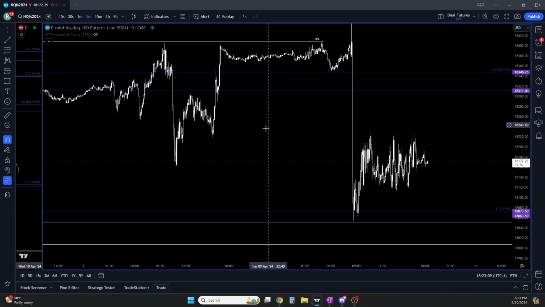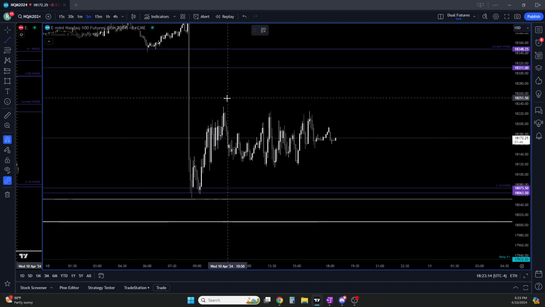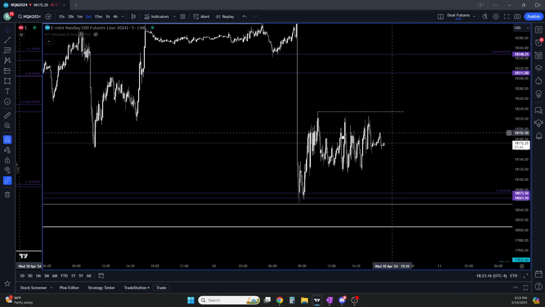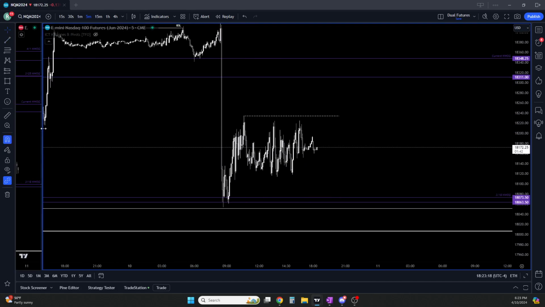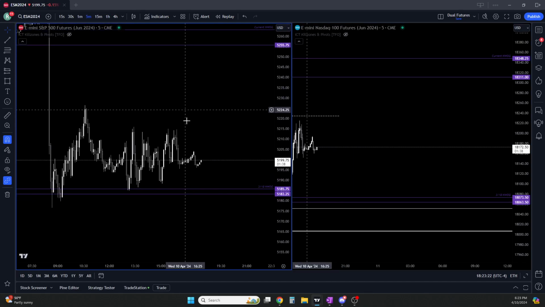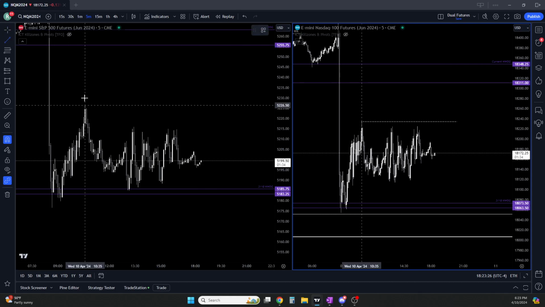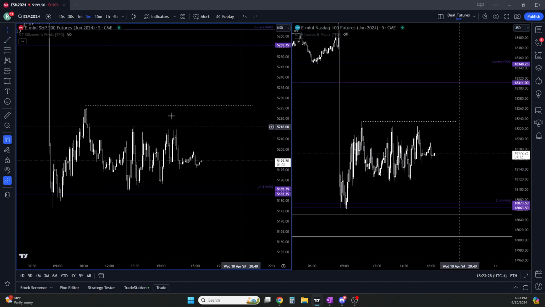Nothing to really go crazy about, but now we got these highs here. I would like to see a manipulation at these highs to then go lower. ES is much lower than NQ. This high is very different.